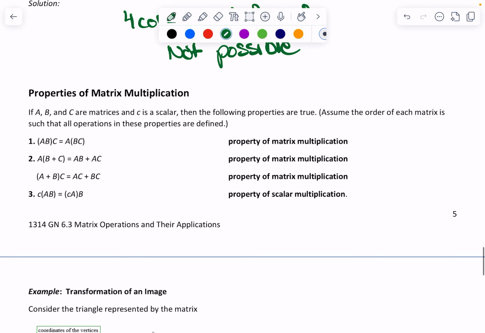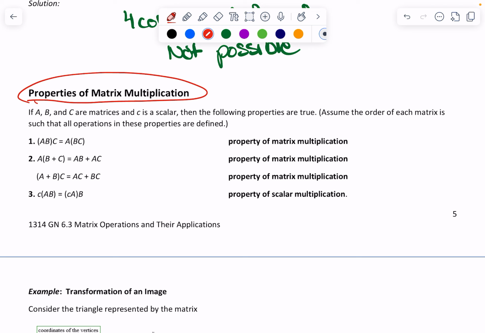Next one here are the properties of matrix multiplication. So A, B, and C are matrices, and c is a scalar, then the following properties are true. Assume the order of each matrix is such that all operations in these properties are defined. The first one: we're switching the parentheses.